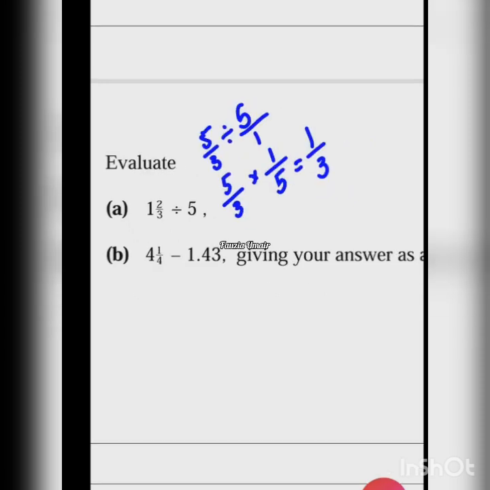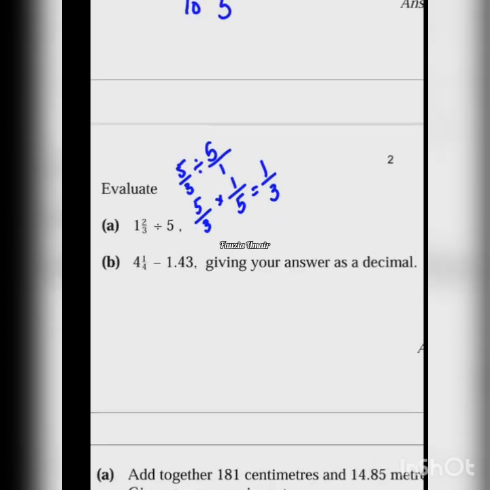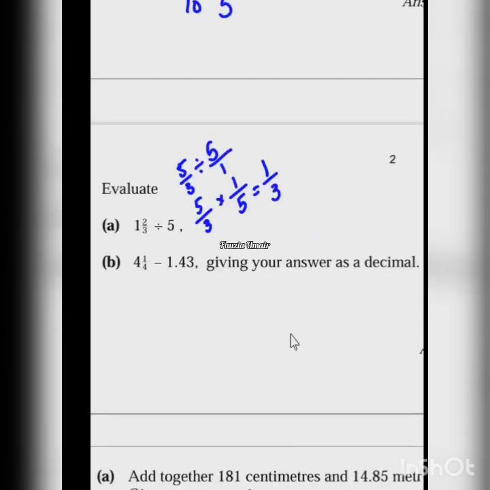All right. So the next question is very interesting. I just said we should not make decimals. Next question is 4 whole 1 by 4 minus 1.43, and give your answer as a decimal. So now I have to change them into the decimal form because they have asked us to do that.